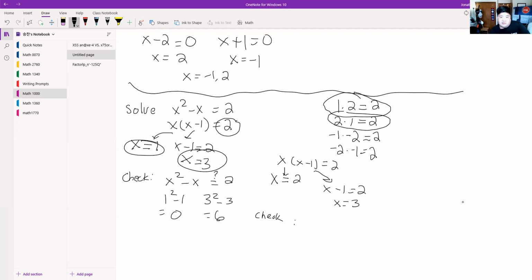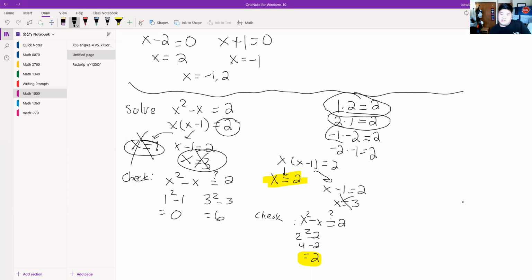So I have in the original equation x squared minus x, so 2 squared minus 2 is 4 minus 2 equals 2, which it was supposed to be equal to 2. So I know that x equals 2 is a correct solution, because I got 2 when I substituted it into the original equation here. And by the way, I already knew that 3 was not a solution because I tried to check it over here, all right?